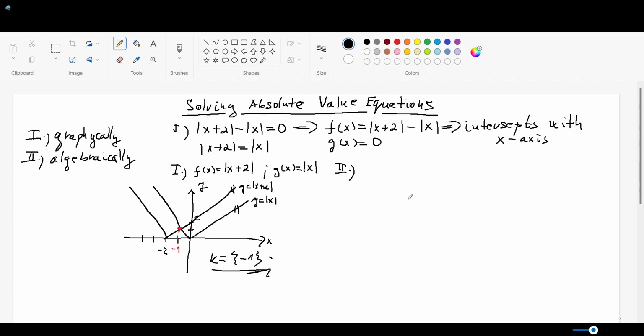But a more effective way, in my opinion, especially if you have 3 or 4 or more absolute values in the equation, is to find the 0 points of both expressions with absolute values, which in our case are the points x equals -2 and x equals 0. How we find these 0 points is very easy, and I was already explaining.